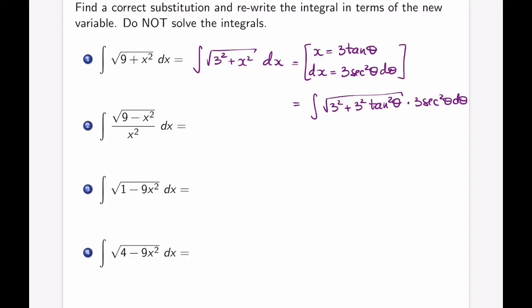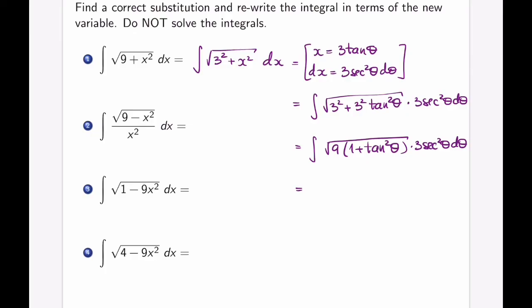Okay, so what I can do here now is I can see that I can factor out 9 from both of these. And so what I end up with is the square root of 9 times 1 plus tangent squared theta, times 3 secant squared theta d theta. Excellent. Let's see what we can do now.